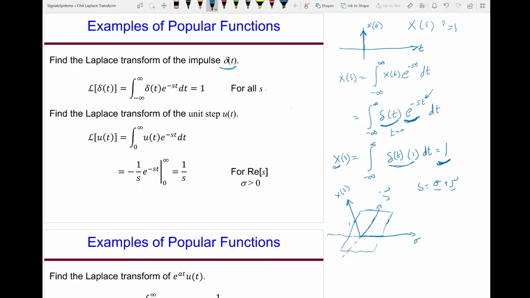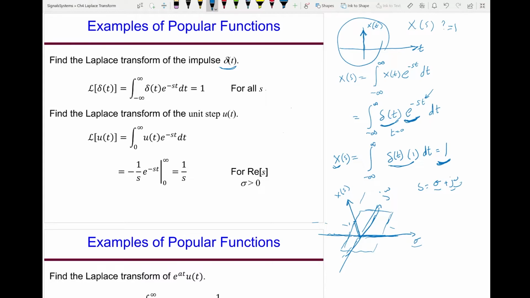It will be 1 from this plane, 1 up, and the plane just goes to infinity. That means that simple signal in the time domain has all frequency content of different sigma that goes from minus infinity to infinity and different omega oscillation rate.